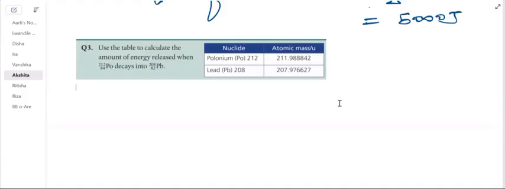You can do it afterwards also. Yes, ma'am. I just calculated the mass. I need to do the other one.